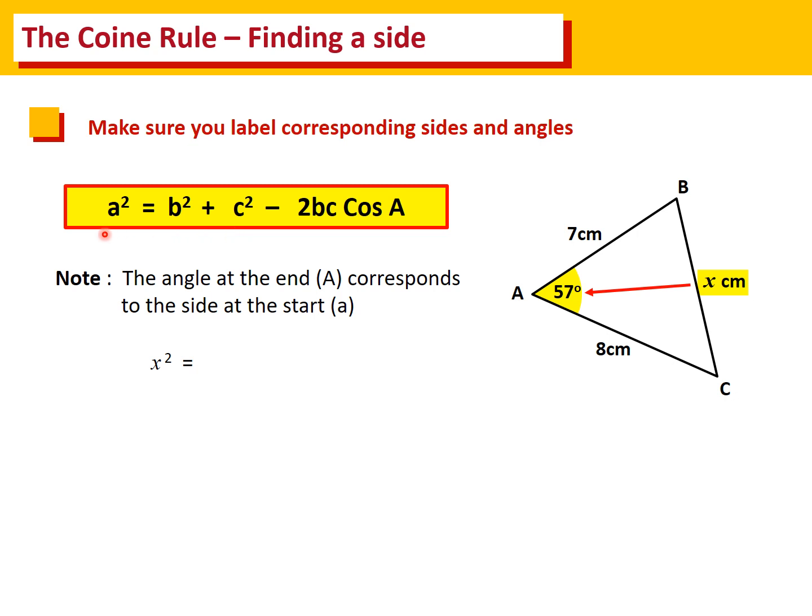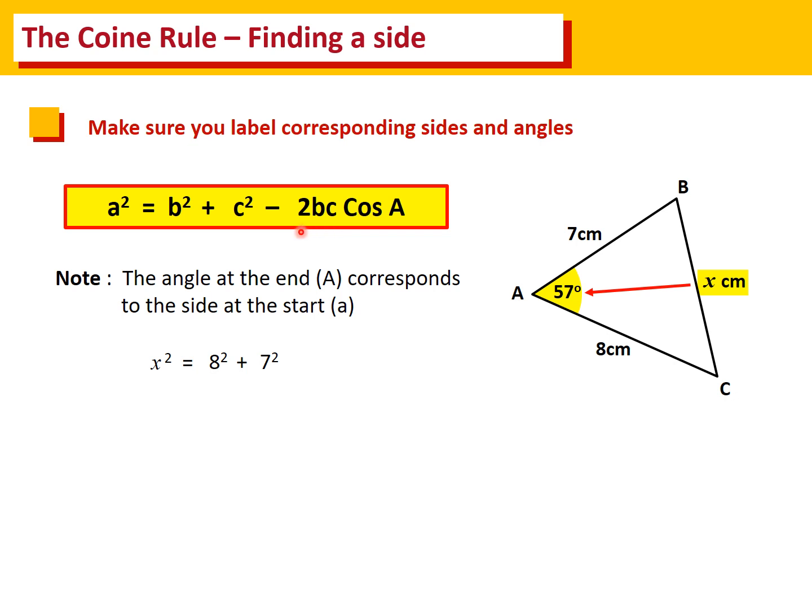So in actual fact, the cosine formula starts with Pythagoras' theorem almost. a squared equals b squared plus c squared. So b squared and c squared are the other two lengths. In this case, we've got 7 and 8 as the other two lengths, so that will be 8 squared plus 7 squared. And the next part of the formula, subtracting 2bc.